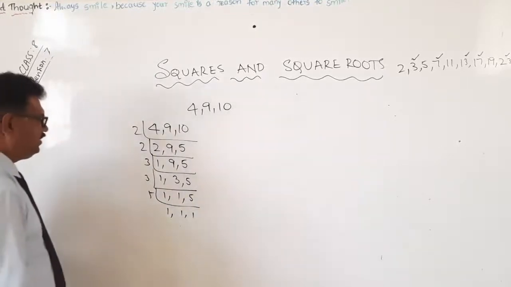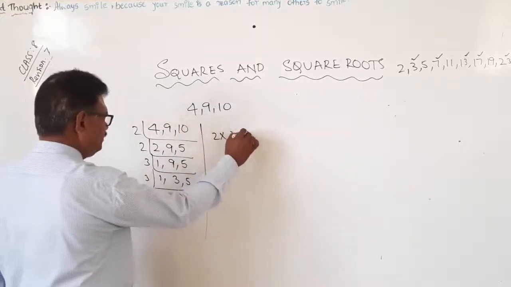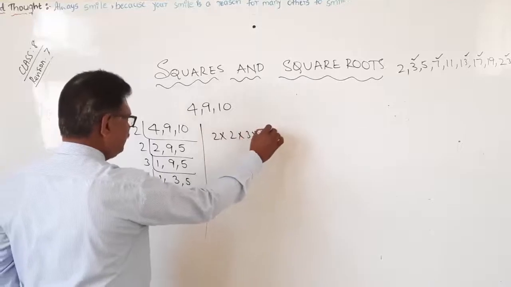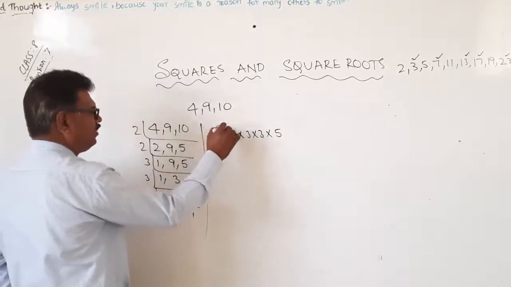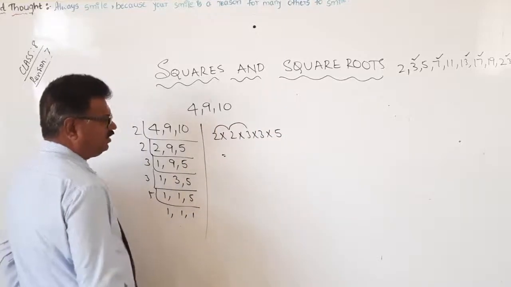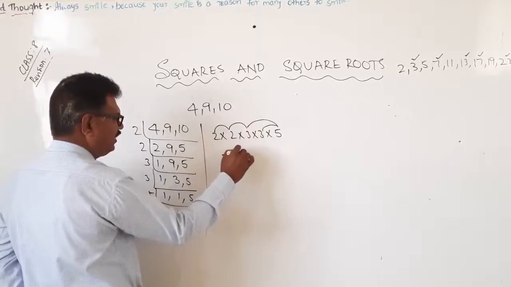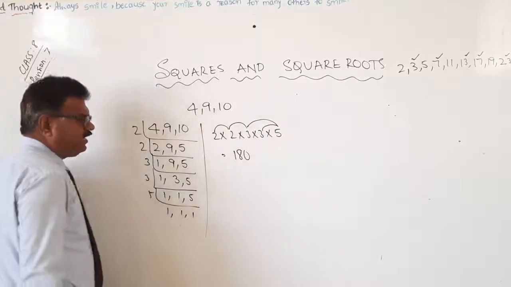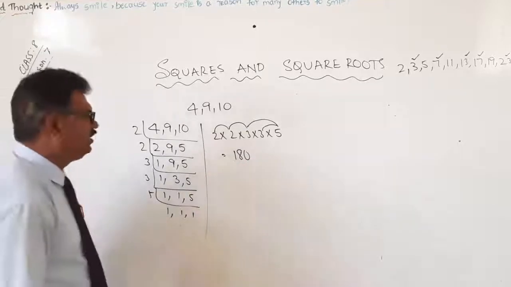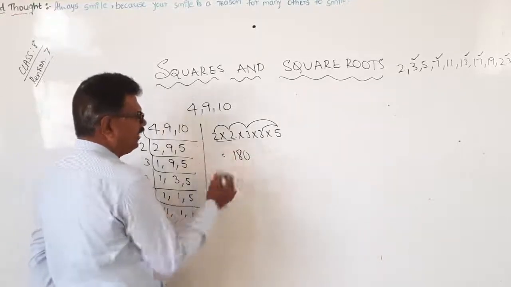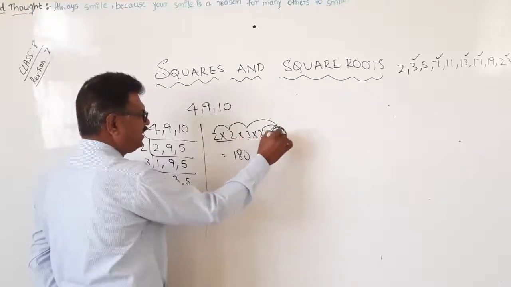Therefore, you can write 2 into 2 into 3 into 3 into 5. What is the total? 2 twos are 4, 4 threes are 12, 12 fives are 60, 60 into 3 is 180. If you observe here, to become a perfect square, for this pair is there, for this pair is there, but for this one a pair is not there.